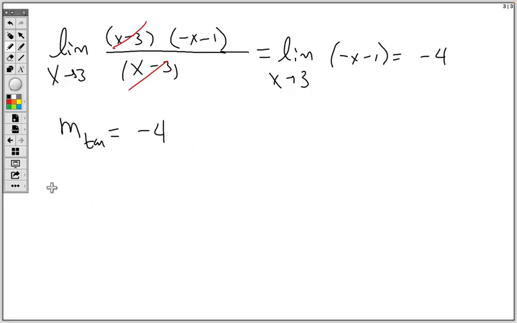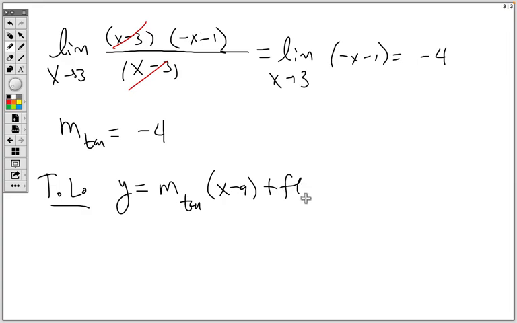And so if we wanted to check graphically, to get the equation of the tangent line, y equals the slope of the tangent line times x minus a plus f of a. In this case, slope of the tangent line is negative 4. We're looking at x minus 3 plus f of 3.